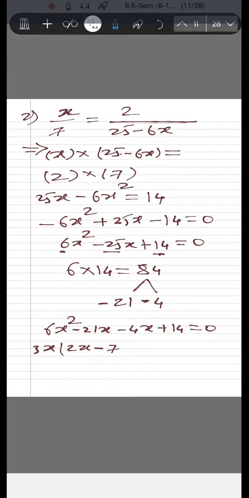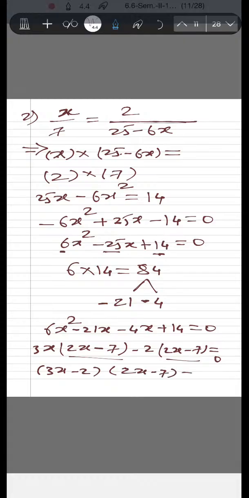And if I take minus 2 common from the other part, I will get 2x minus 7 equal to 0. Why does the minus come here? Because I have taken minus 2 common from here. So you can see both brackets are the same, therefore I can write 3x minus 2 in this bracket and 2x minus 7 in another bracket.